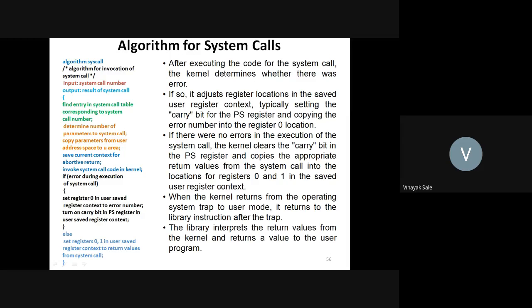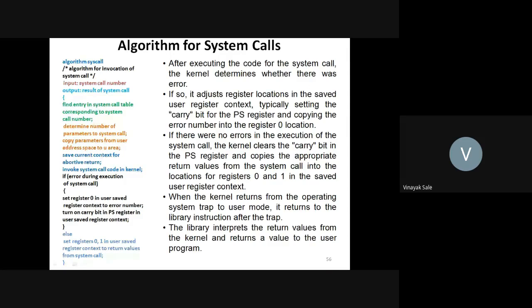So after executing the code for the system call, the kernel determines whether there was an error. If there was an error, it adjusts register locations in the saved user register context, typically by setting the carry bit for the process state register and copying the error number into the register 0 location.